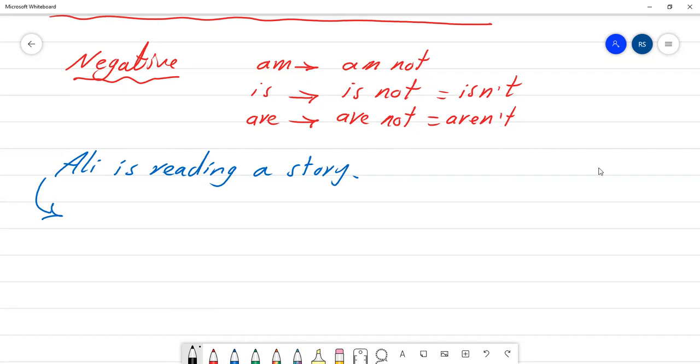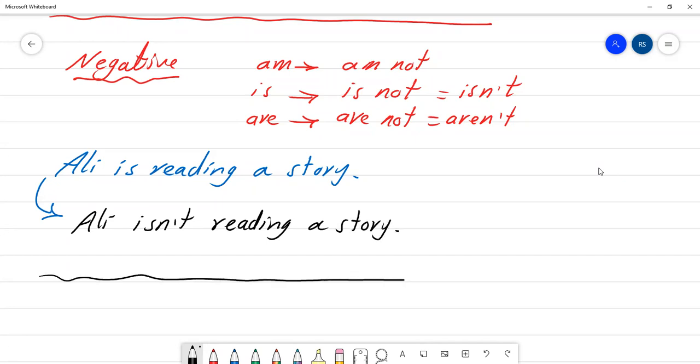Yes, teacher. Ali isn't reading a story. Great, excellent. Ali isn't reading a story. Great.